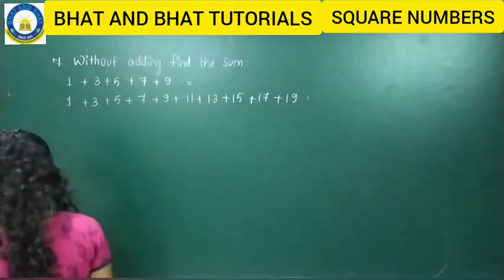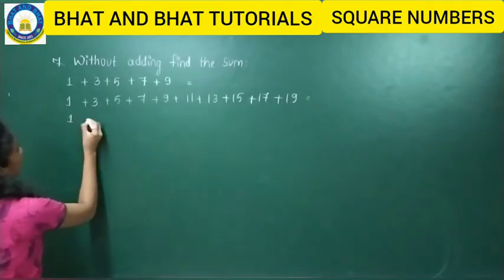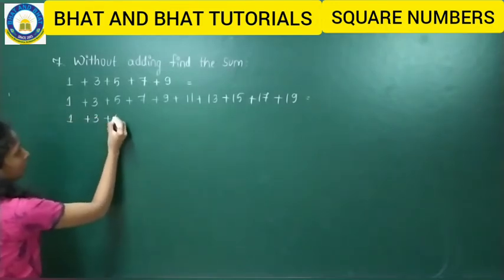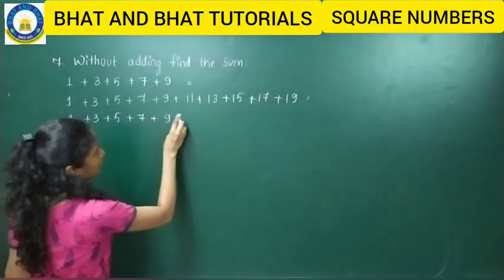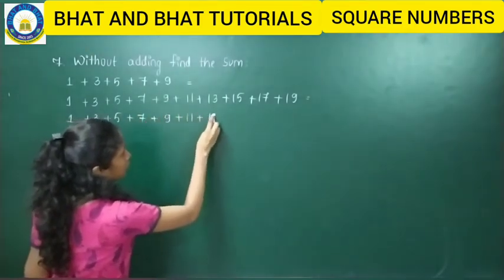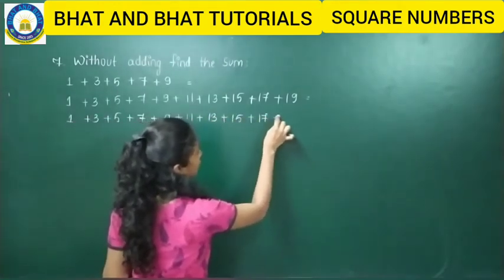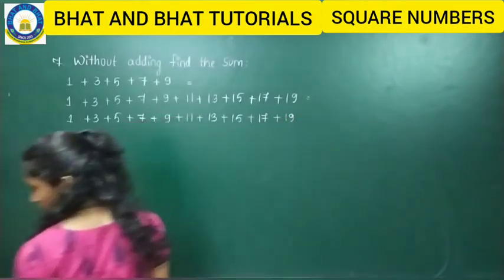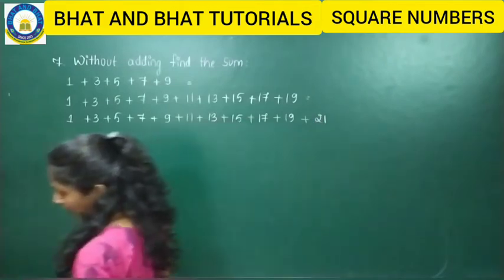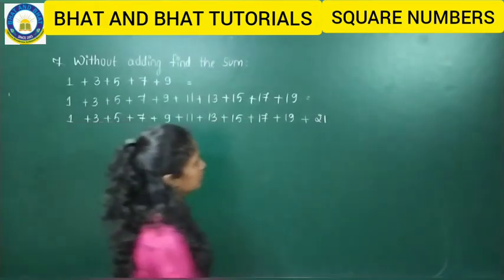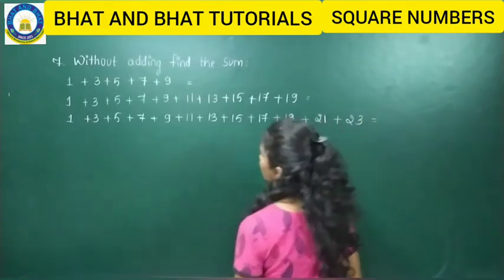The next question, 1, 3, 5, 7, 9, 11, 13, 15, 17, 19, 21, and then 23. So this is your question.